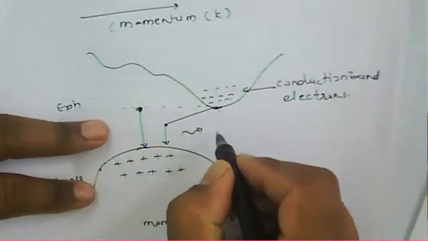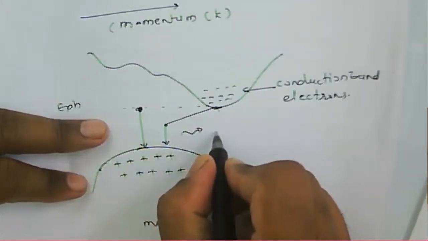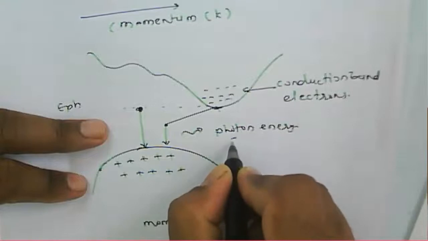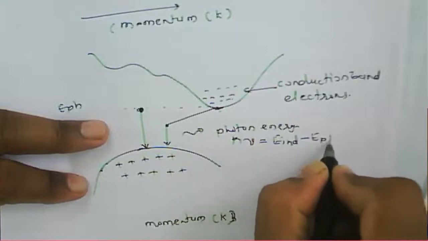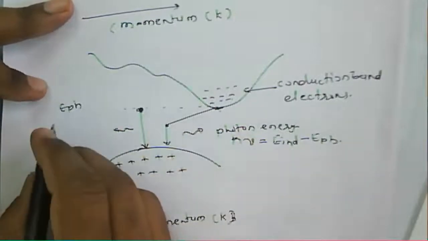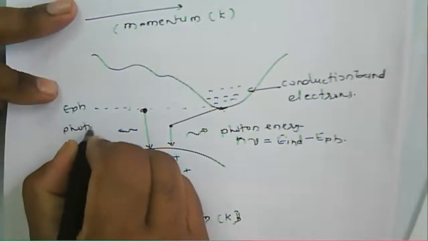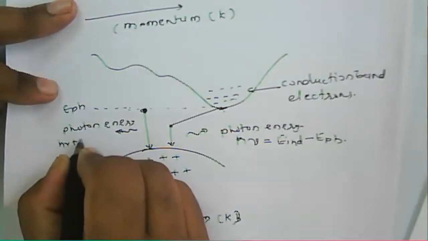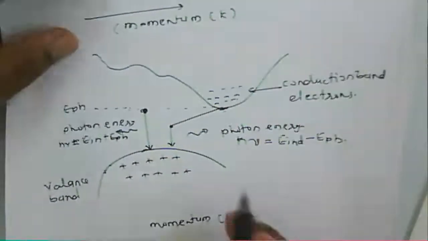Again it will emit a photon, and that photon energy will depend on the band gap: for the indirect case, hv is equal to the band gap minus the phonon energy E_ph, and for the other case, hv is equal to the band gap plus E_ph.